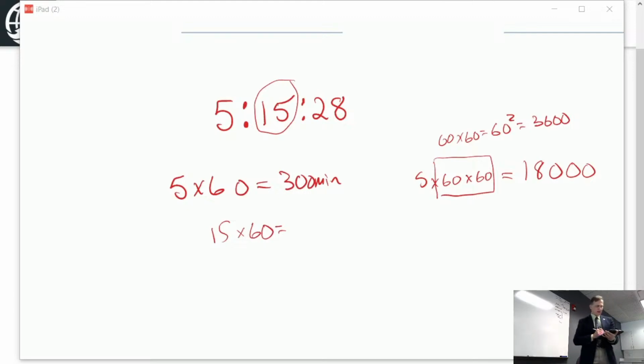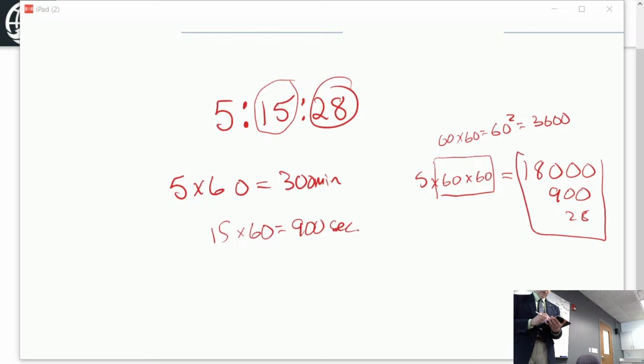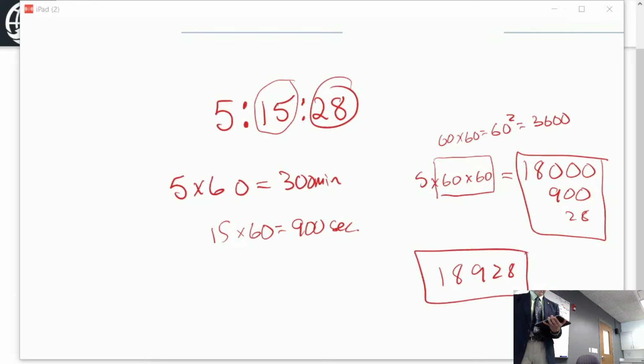So 60 times 15, and what's that going to be, 900? Okay, very good. So that's 900 seconds. And then add it all up, right? So add in 900, and then add in those 28. And then the total will be the total of those 3 numbers. So 18928. That's my final answer.